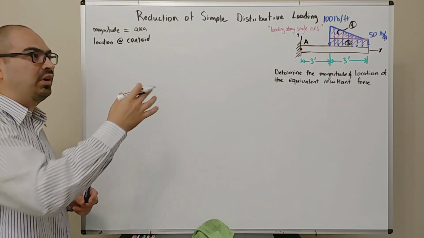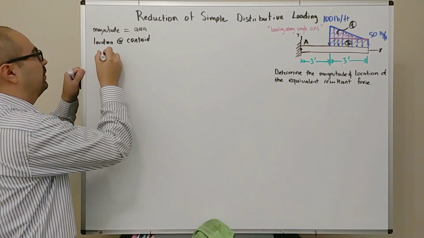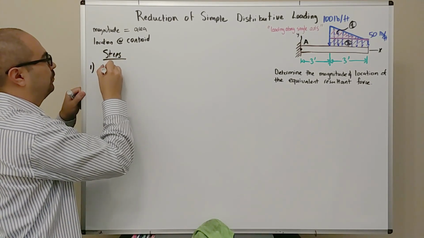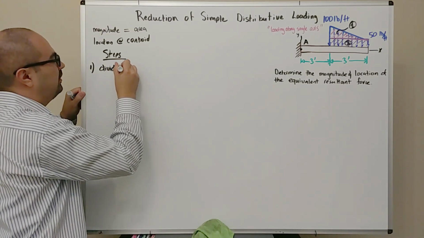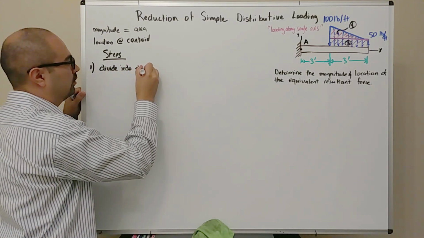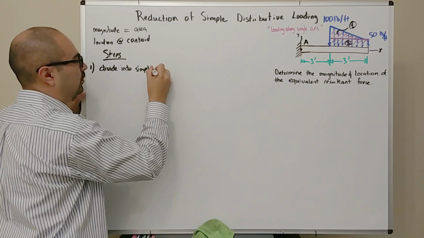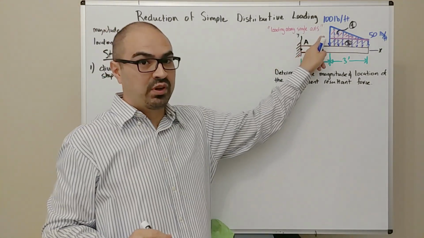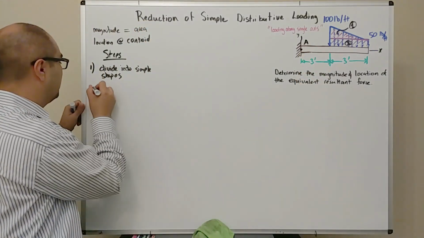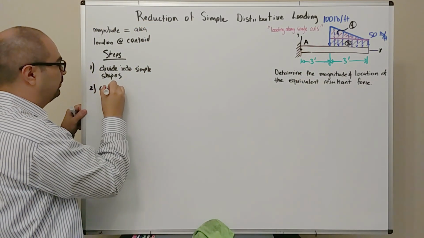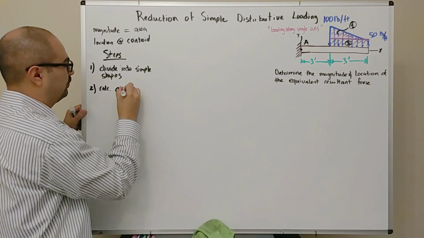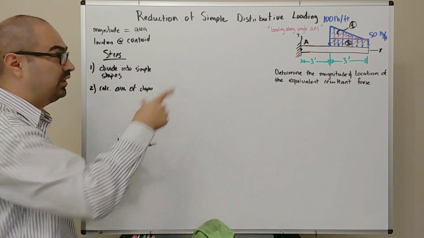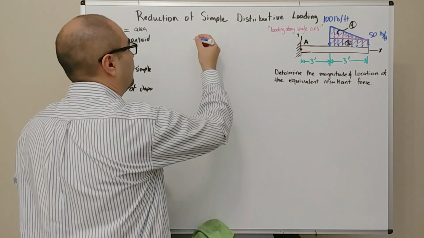So let me summarize the steps that we'll be taking. The steps are: 1, divide into simple shapes, which is what I just did. Step 2 is calculate the area of shapes. In this example, we have 2 shapes.